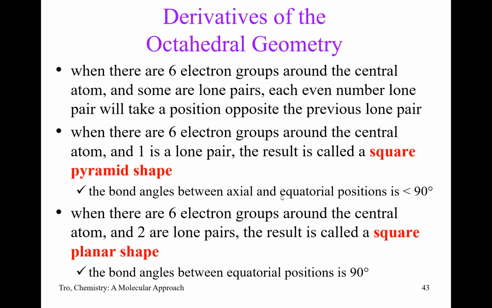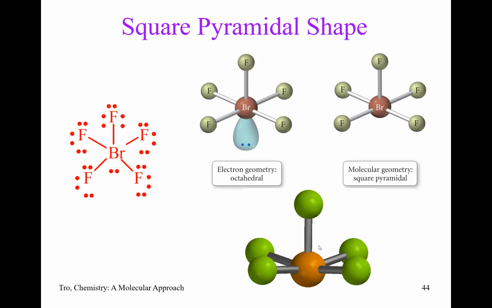So it was octahedral, and then if there's a lone pair there, then this is just a square-based pyramid. So the one lone pair, that's pretty easy. All 4, if we look at the lower model here, all 4 green atoms would be in the same plane, and then one up top. And that's just a simple pyramid where the base is a square. And so that's what it's called, the square pyramid.